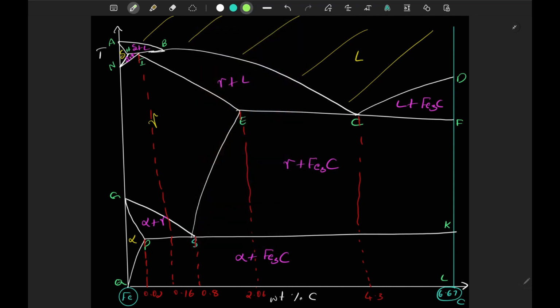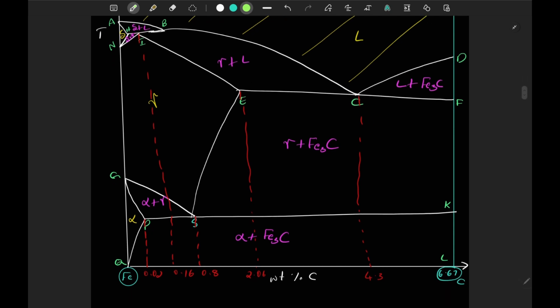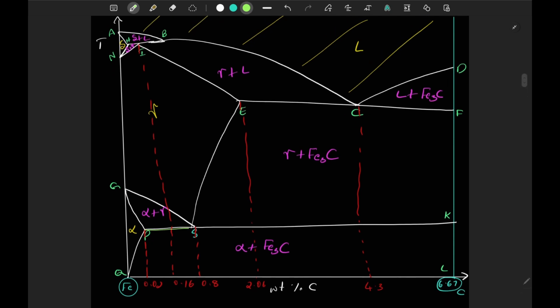Now in order to mark the different temperatures, I will first mark this line. This line is known as the eutectoid line, and here the temperature is known as A1 temperature, and it is around 723 degrees Celsius.